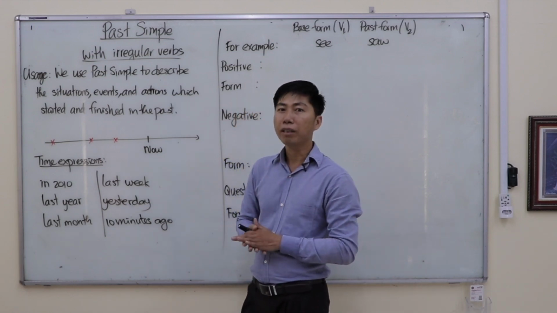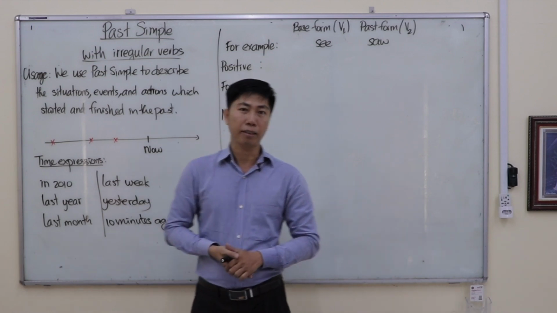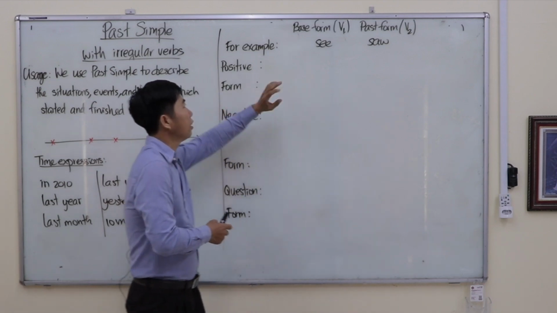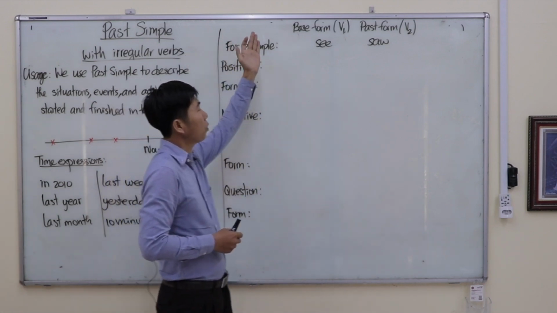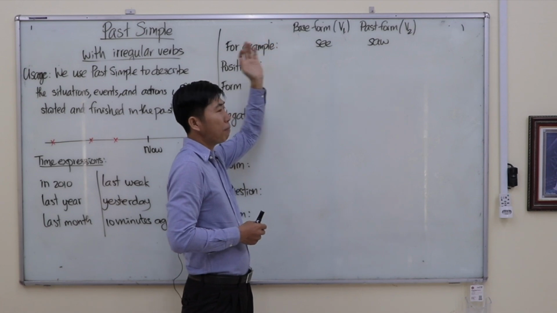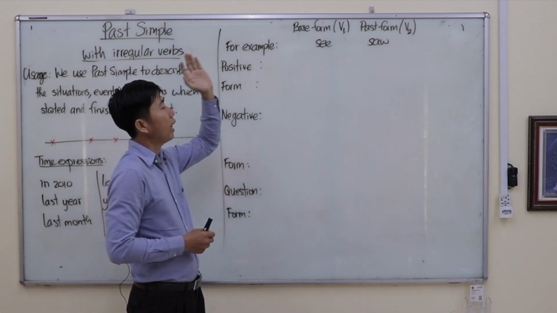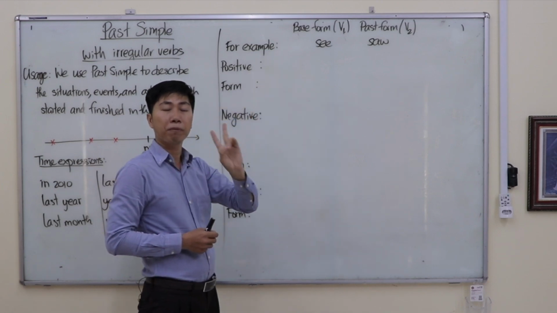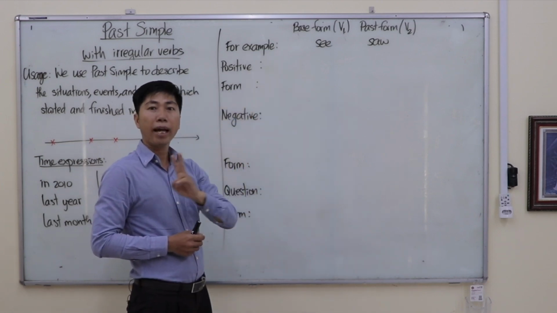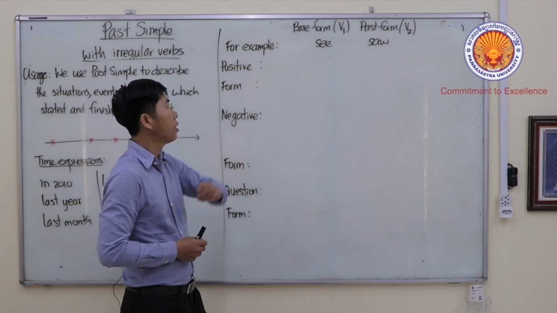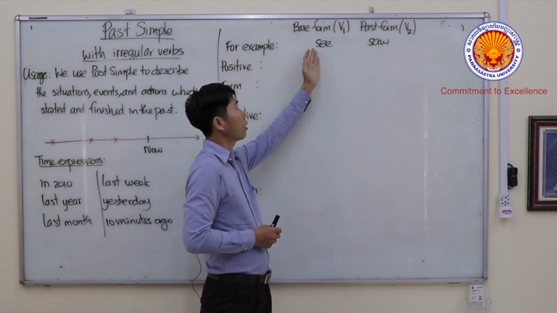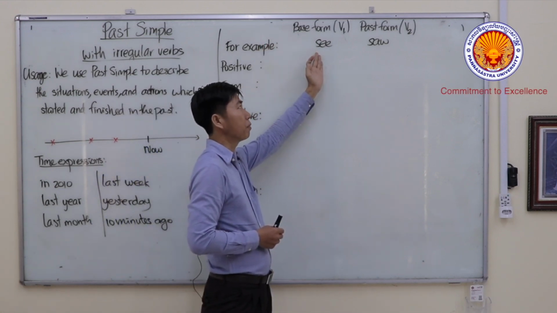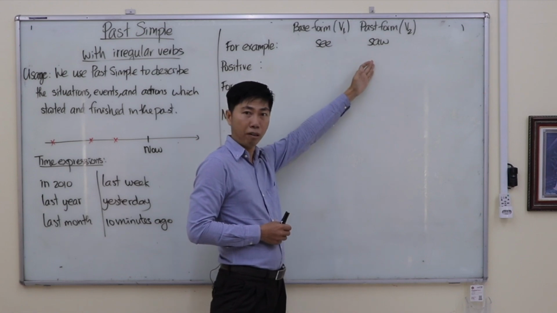Okay, now let's move to the example together. As I mentioned earlier, we study past simple with irregular verbs. They have two different forms, the base form and the past form. For example, the word see is the base form, and the past form is saw.